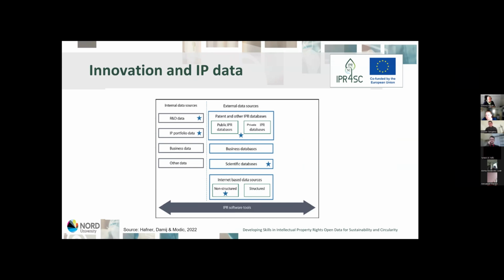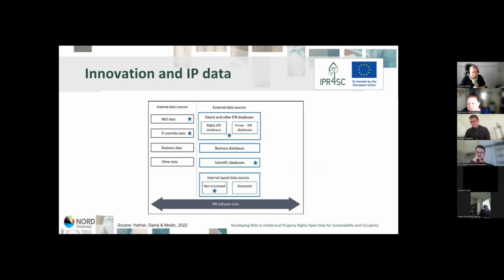However, perhaps because you're small, you want to grow, you would also like to know, is there venture capital available in this sphere, right? So you also want to add on to your knowledge base with that. And then, of course, we have publication databases, we have internet-based data sources, and so on.